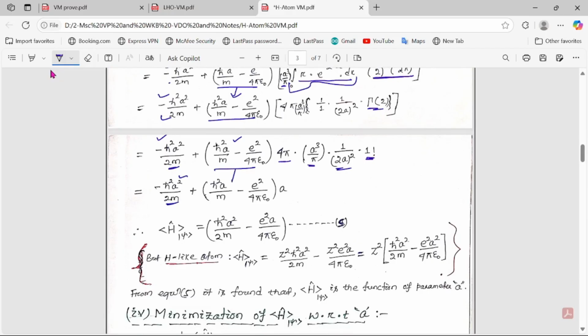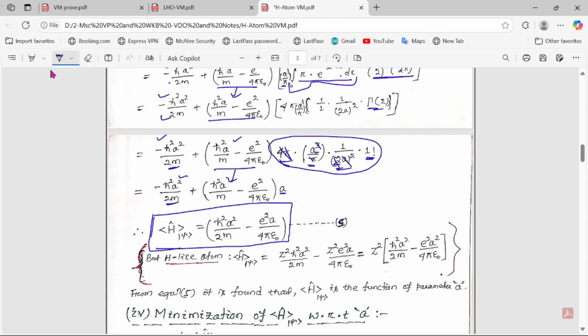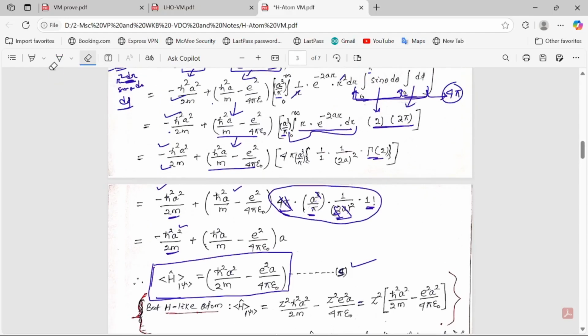After simplification, we can get this much. How? Here a squared cancelled, pi cancelled, 2 to the power 2, 4, cancelled, only a will remain. Finally we found the expectation value of the Hamiltonian is this much. This is your equation number 5. So here we completed the major step of this question, the major step to calculate the expectation value of the Hamiltonian.